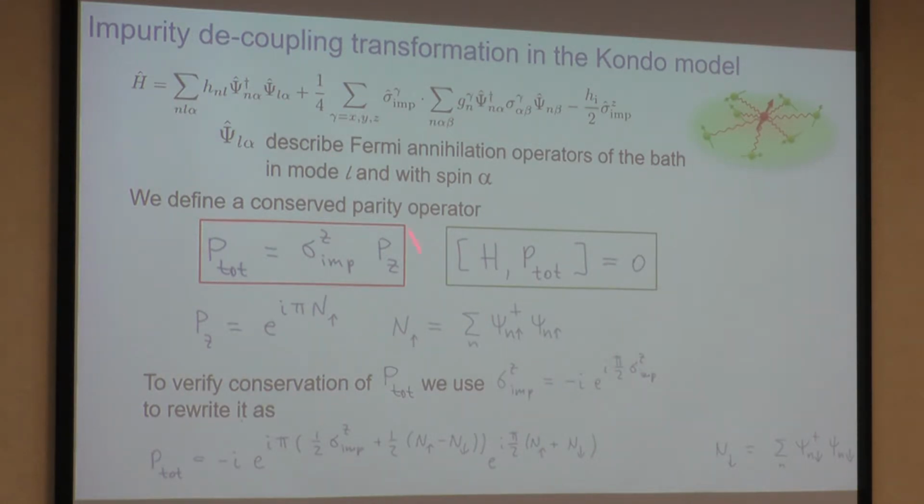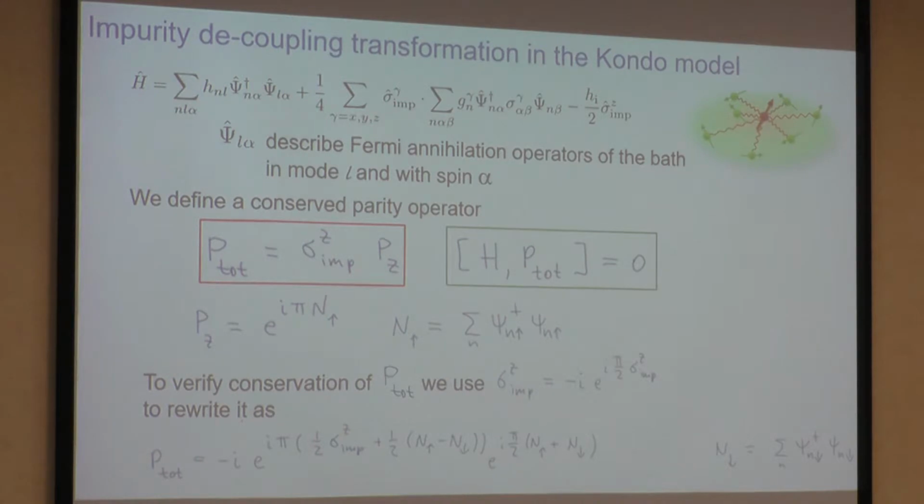So we define this parity transformation. It's a product of the z component of the impurity spin times parity operators for spin-up fermions. So you can see that this parity operator, if it acts on a state where I have an even number of spin-up fermions, I get +1.